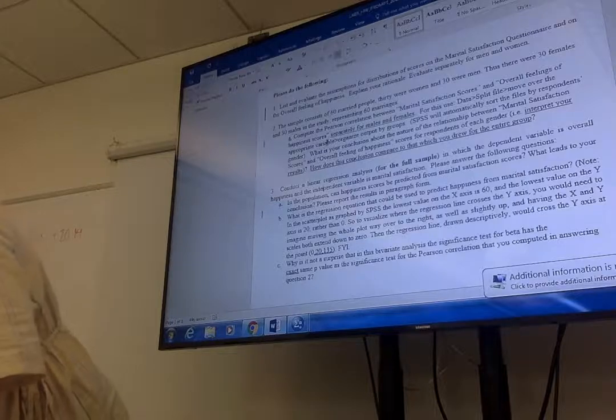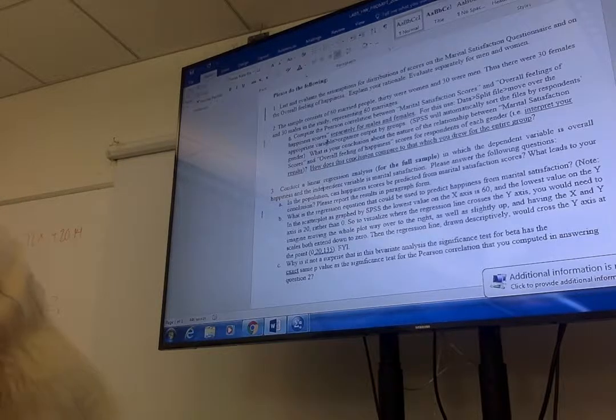Oh, no, it's R. Because when we get into multiple regression it'll be something different, but because this is just linear regression, we're just using the two variables, our slope is the Pearson correlation.